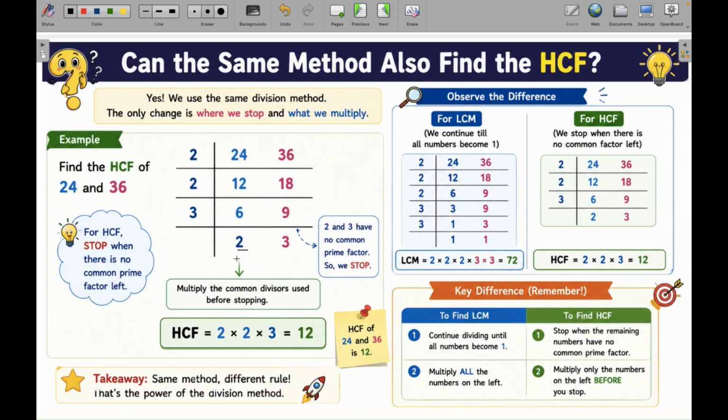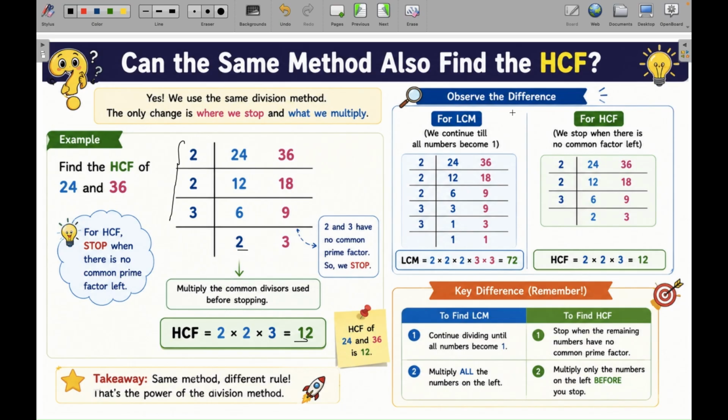We had to reach 1 and 1 for both the numbers. However, for HCF, when we find numbers that have no common factor, then we stop. And what is the HCF? HCF is the product of these numbers. So 2 times 2 times 3, which is 12. So 12 is the HCF of these numbers. Okay, so for HCF, stop when there is no common prime factor left.